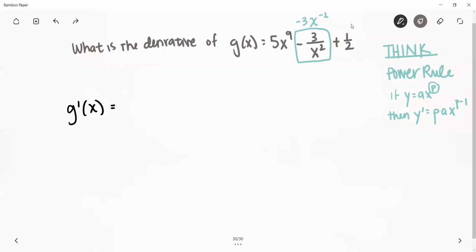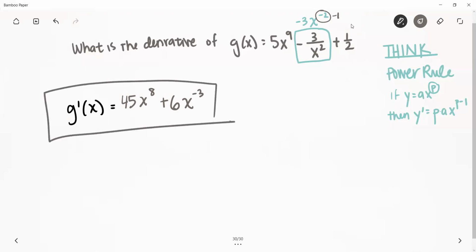And my answer should be, bring down the 9 times 5 will be 45, x to the subtract 1 to the power. Then I have -3, and the -2 is going to come down and multiply, so I'm going to get plus 6x to the subtract 1, I'm going to get -3. And then the plus half will vanish.